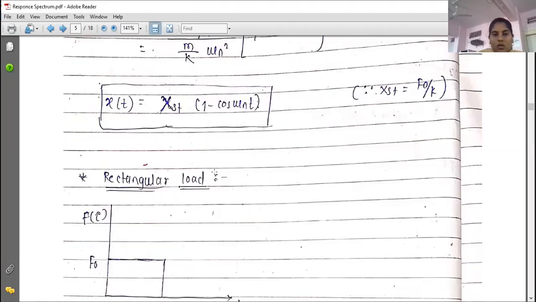So below this write down x of t is equal to x_st into 1 minus cos omega_n t.